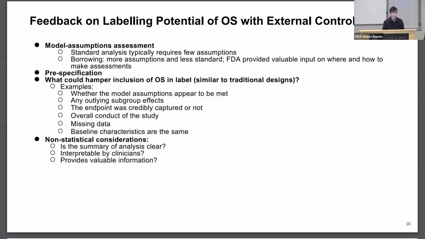In addition to statistical considerations, there are other considerations you need to think about, which include: is the summary of analysis clear? Can it be interpreted by clinicians, and would it provide valuable information?